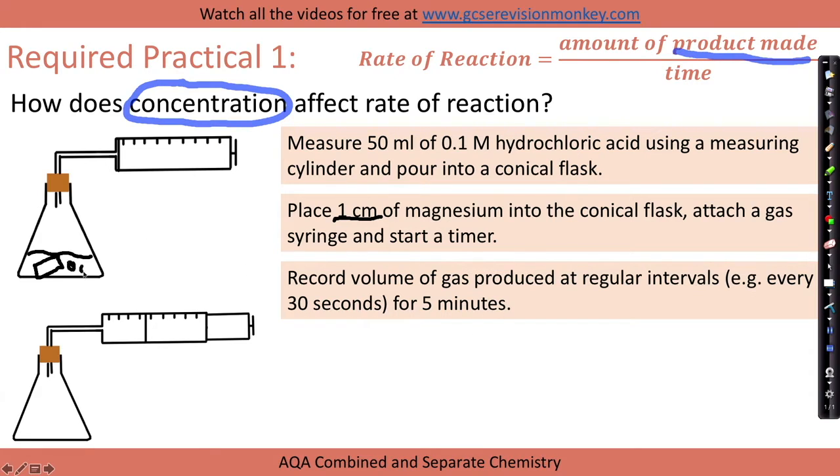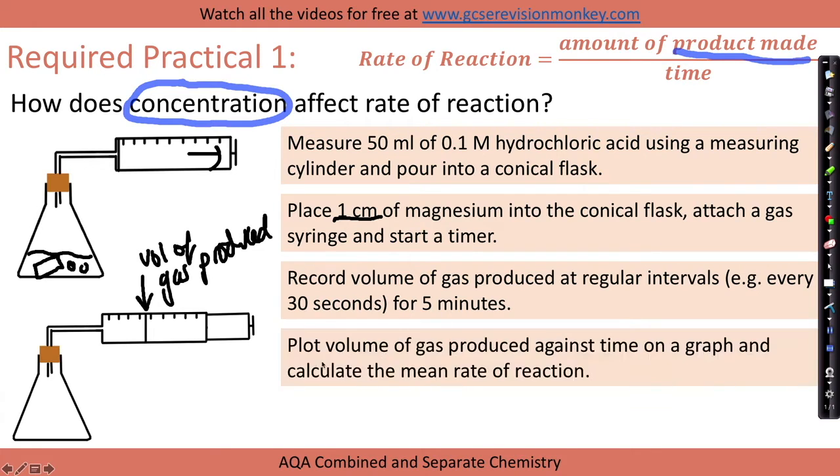And as gas is produced by the reaction, the gas syringe will move outwards and you can measure the volume of gas produced. Do not write amount, you must use the word volume. Then we would plot the volume of gas produced against time on a graph, and we can use this to calculate the mean rate of reaction, and I'll go through how we do this later on.